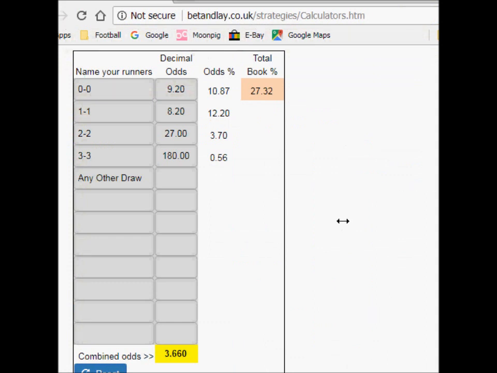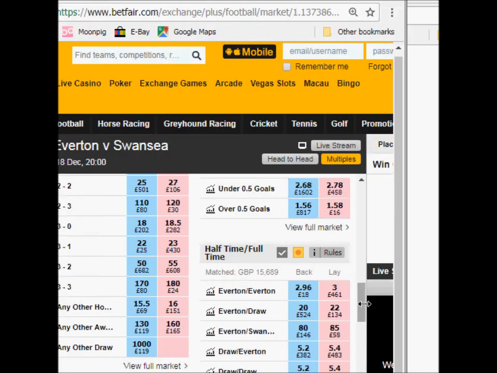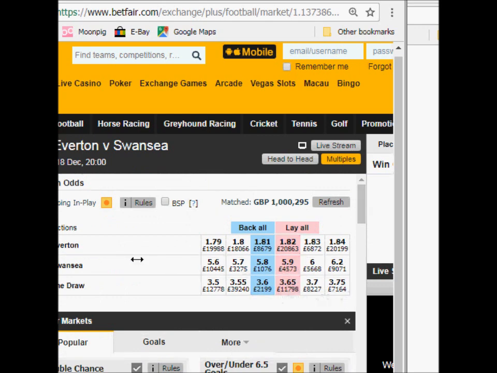Now you may be wondering how you decide whether to exit your trade or not. You might want to just hit the cash out button. So all you need to do is look at the combined odds of your lays, in this case 3.66, and use those lay odds in the normal way that you're using at the moment if you've been trading match odds, and just keep your eye on the match odds for the draw during the game, and if those odds get way above 3.66, you should be okay to cash out everything in correct score in the normal way.